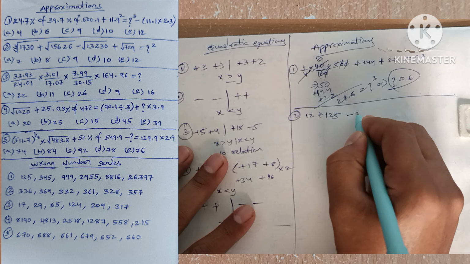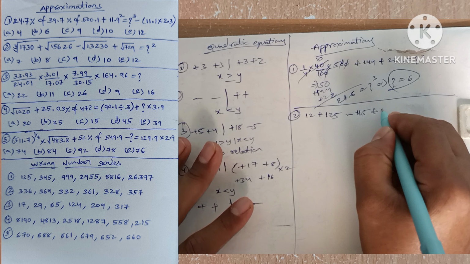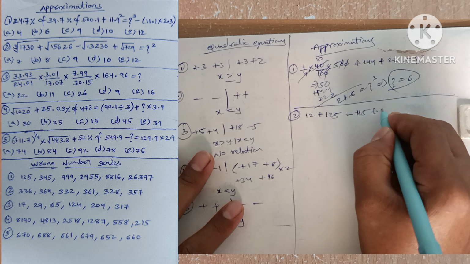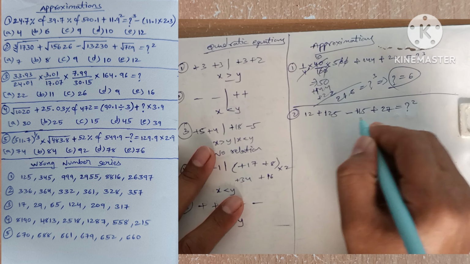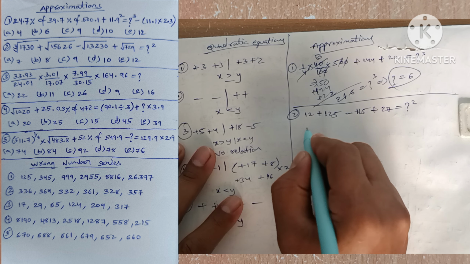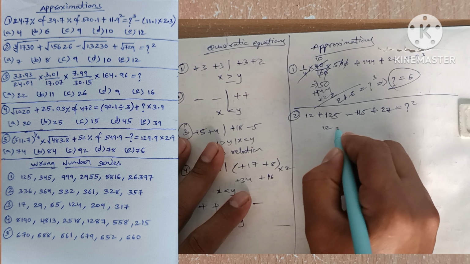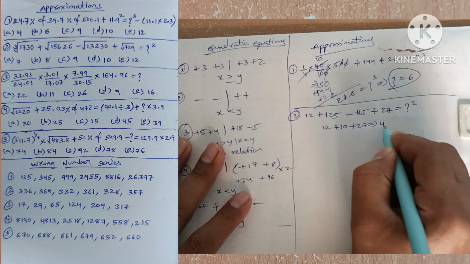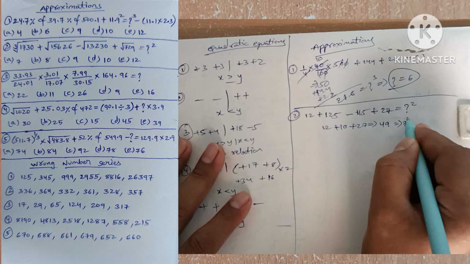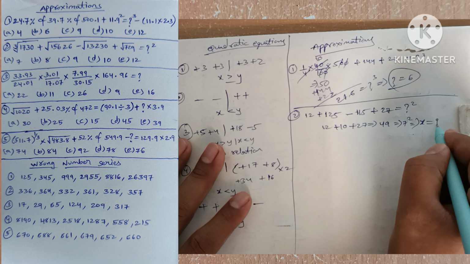It is nearly square of 115 plus square root of 729, which is 27, equals to question mark square. We get 12 plus 10 plus 27, which is 49. 49 is 7 square. So our answer is 7.